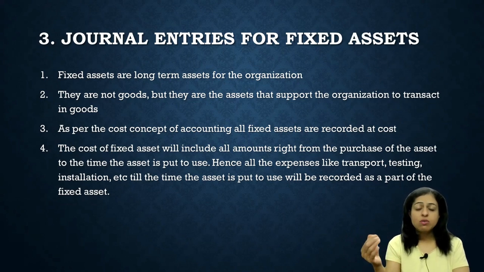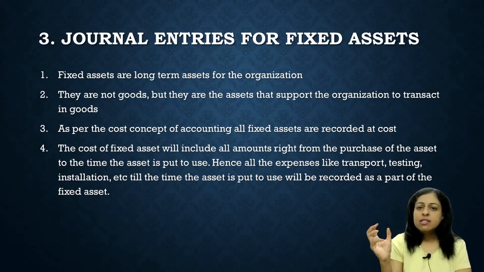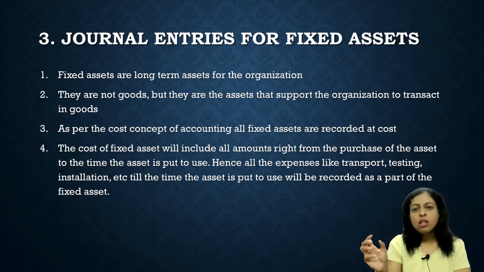If you recollect, we had discussed in the principles of accounting video that there is a concept called the cost concept. Cost concept says that all the fixed assets, or all assets generally, are recorded at cost. So if I buy let's say a building for 10 lakh rupees, 10 lakh rupees will be the amount I record in my books of accounts.